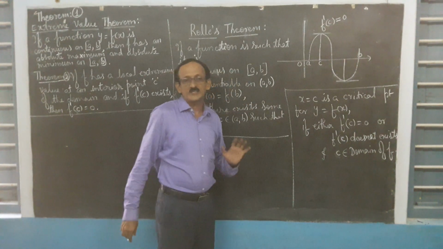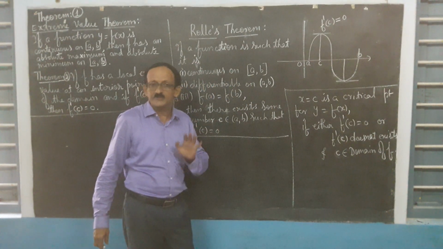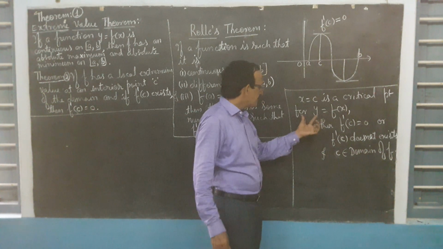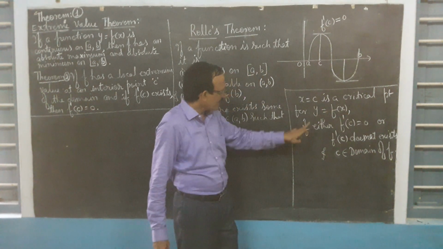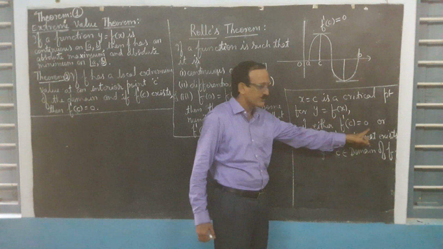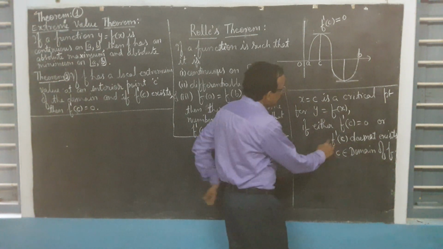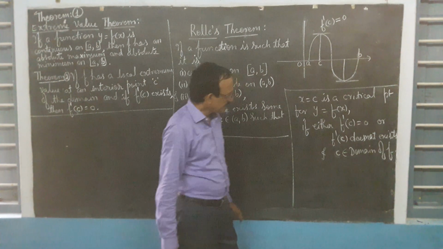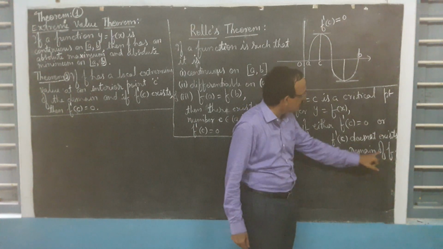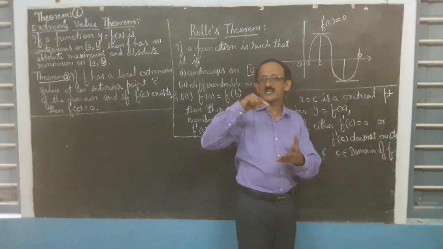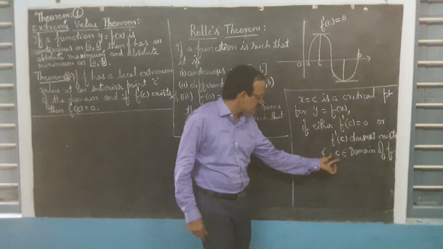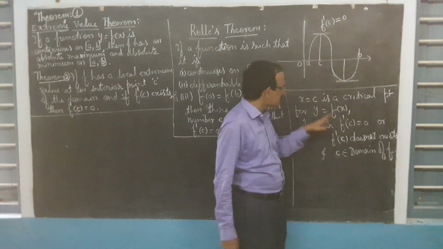So let me repeat the definition of critical point. A number x equal to c is called a critical point for a function y equal to f of x if either f dash c is 0, the value of the derivative of the function at x equal to c is 0, or the derivative value does not exist, and in addition the number c must be in the domain of the given function.